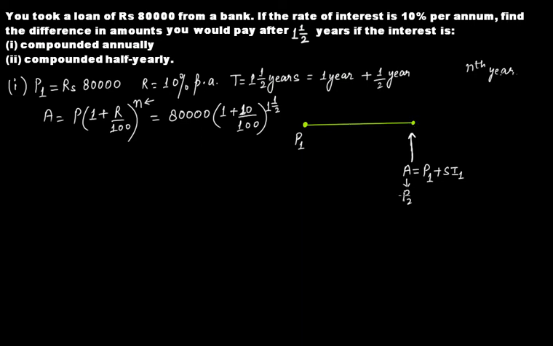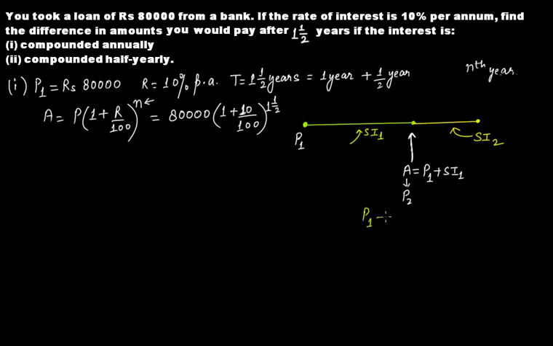Now this amount A will be the principal for the next half year. So suppose this is another half year from here to here. For this half year, P2, that is P1 plus SI1, the amount, will be the principal for this period. Now if you calculate the simple interest for this period, and SI1 was the simple interest for the first period, what will be the final amount?